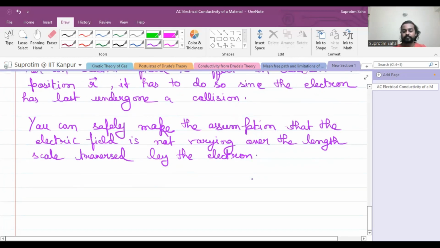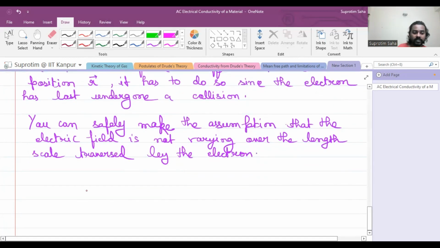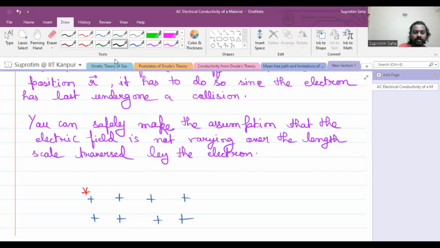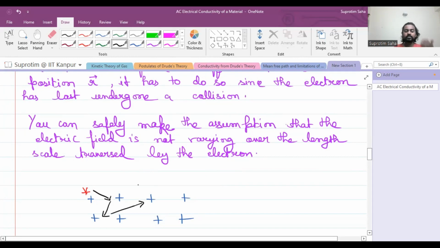All right. So we draw the ionic sites here. After undergoing a collision, the electron can traverse at most twice or thrice the lattice spacing.